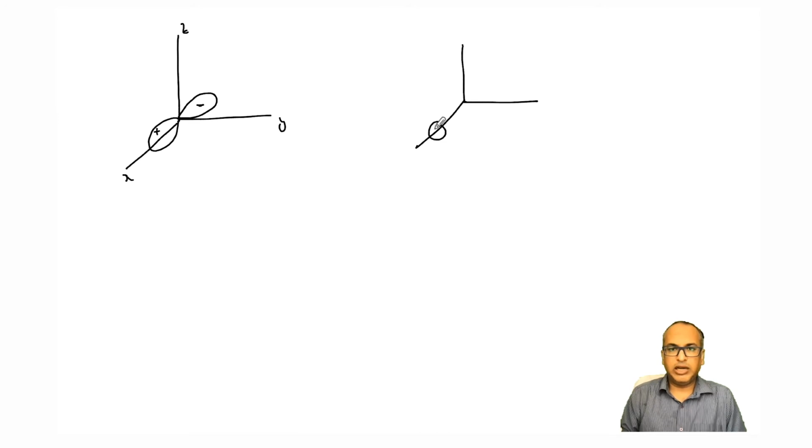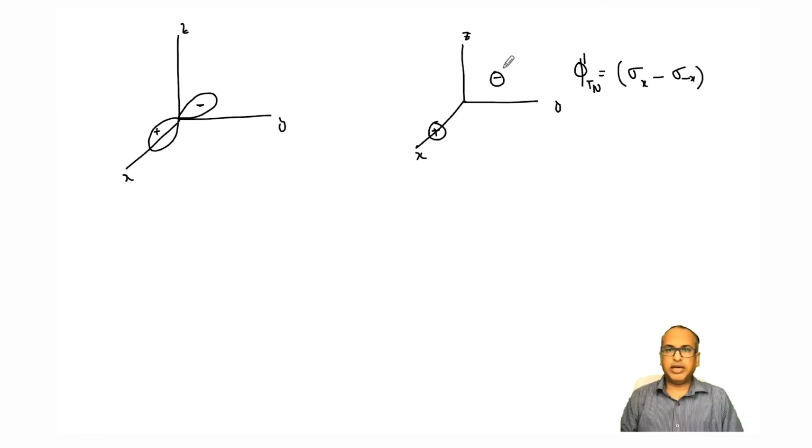So now I will have a positive here and a negative here, right? This is my x, y, z. So my phi T1U 1 will be equal to sigma x minus sigma minus x. So positive on the sigma x side, negative on the sigma minus x side, and this will be 1 over root 2 for normalization.